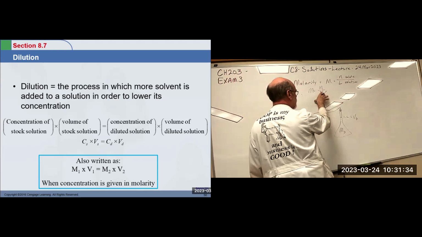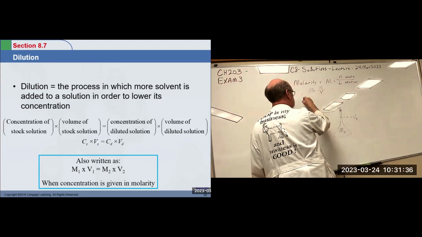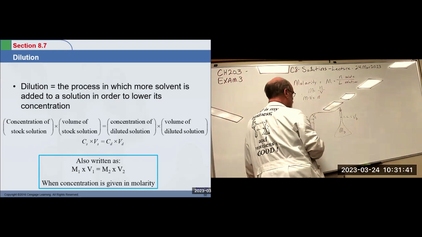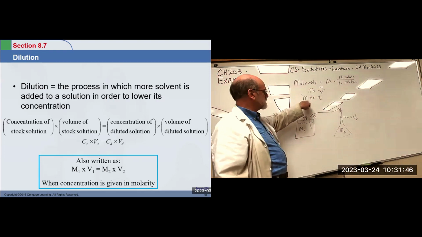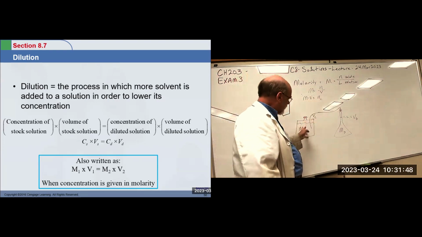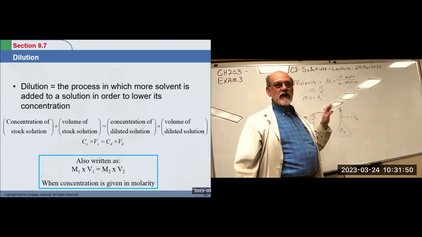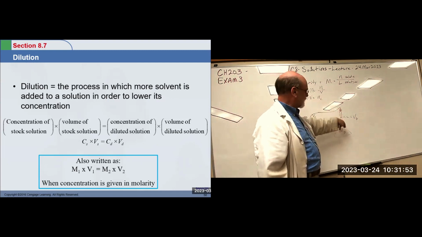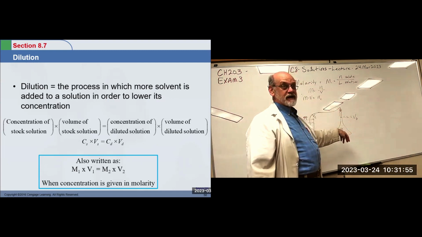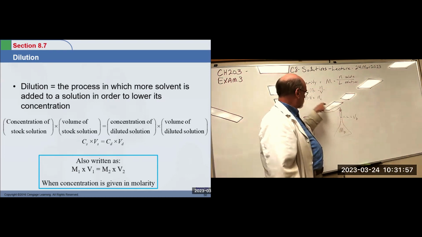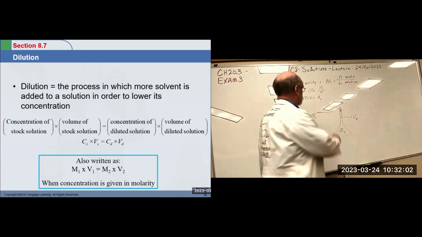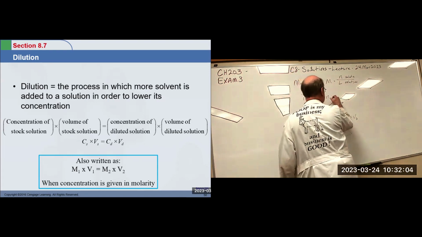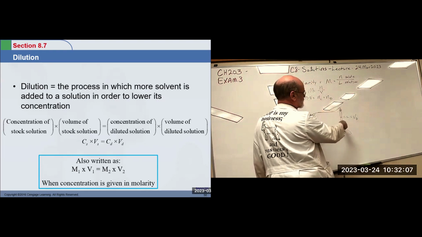So when we take a volume times molarity, we have a certain number of moles from the concentrated side, right? Molarity times volume equals moles. So we've taken out a certain number of moles of the solute, and we put it in here, right? So on the way, did that number change? No, it's the same value. So this is also equal to the moles on the diluted side.